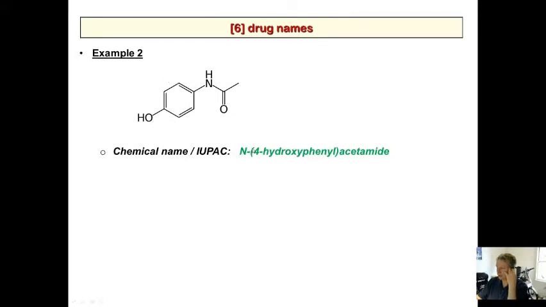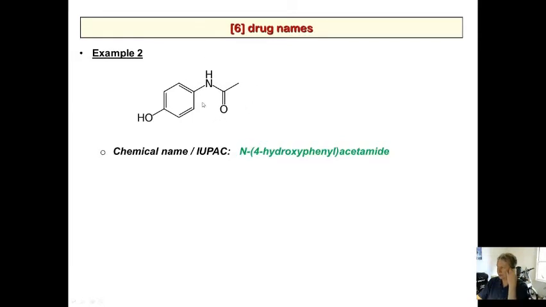The way this IUPAC name is constructed, 4-hydroxyphenyl is on the nitrogen of the acetamide. So acetamide is really just this piece. That's acetamide, like acetic acid, but the amide version of that.